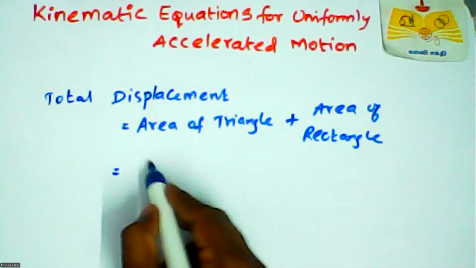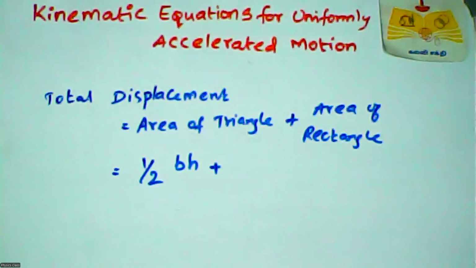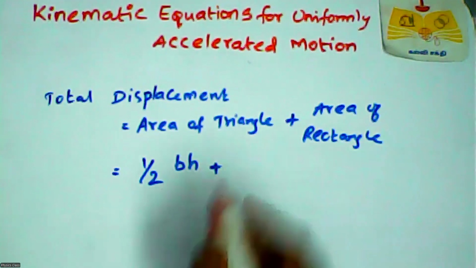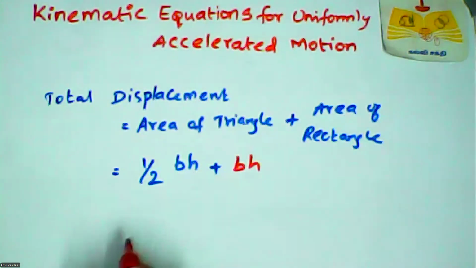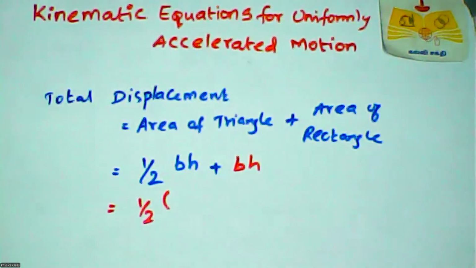Already I told you area of triangle means half B H, and area of rectangle means B H. What is the value of breadth here? You can tell me. t.